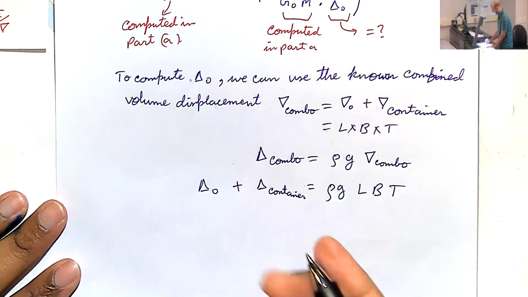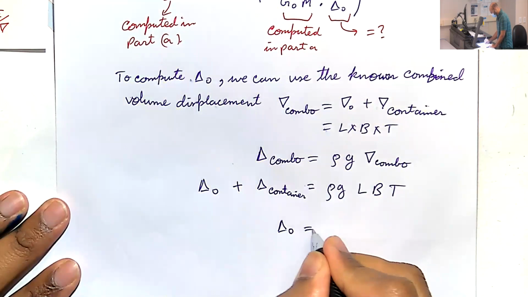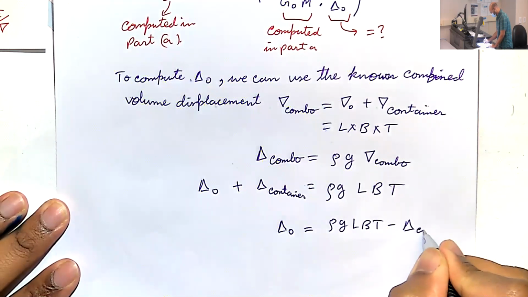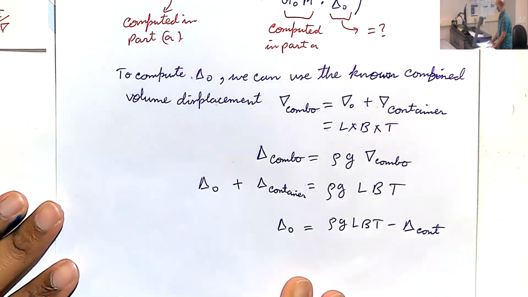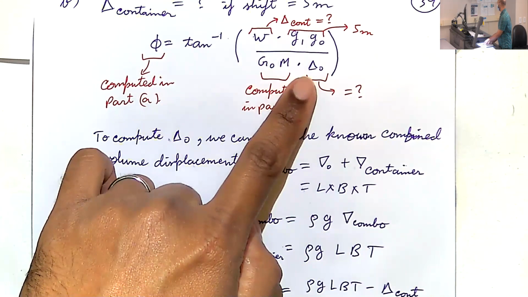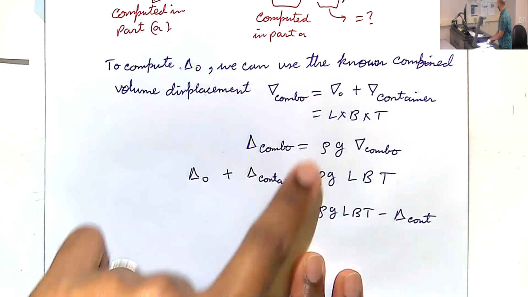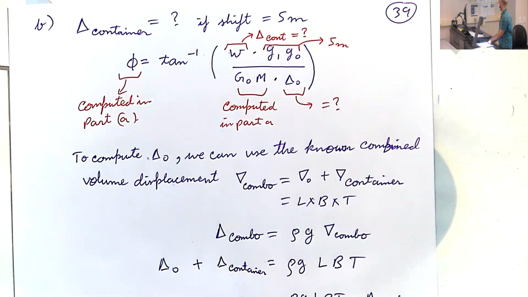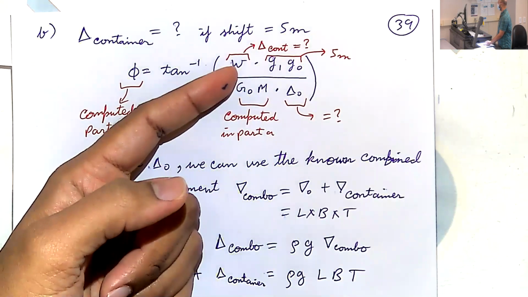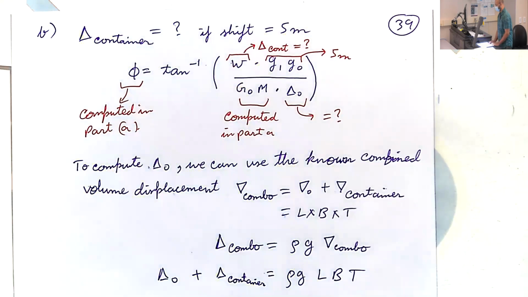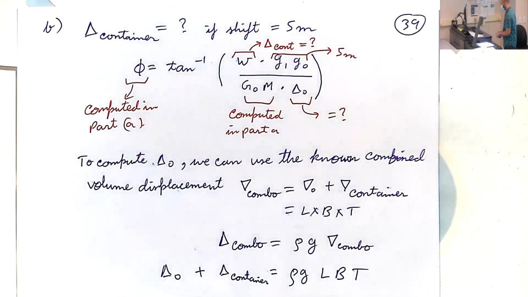So here you have delta 0 is rho G LBT minus delta container. That's what we were missing. So you can plug this in here. Delta 0 gets replaced by rho G LBT minus delta container. And now we only have one unknown in this equation, delta container on top and delta container on the bottom, and you can solve that easily.